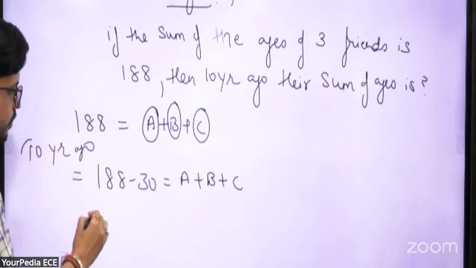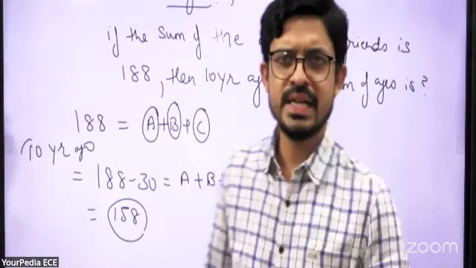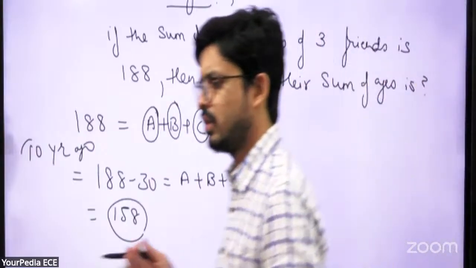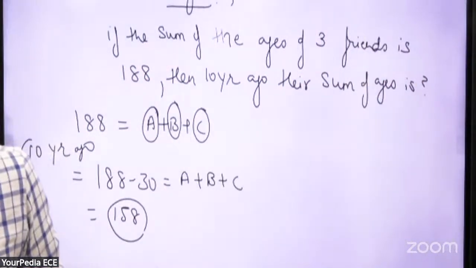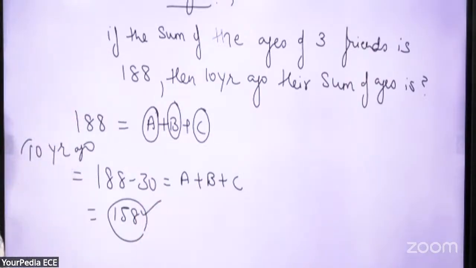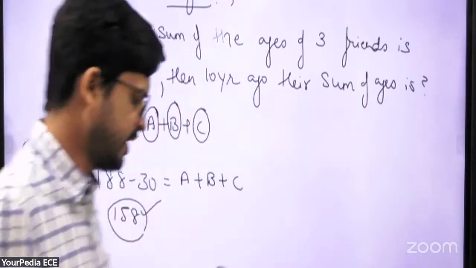So what age do we have? 158. That will be the answer, because 10, 10, 10 will be subtracted from the total age. So we subtract it from 188. That is the simple answer. So its answer will be 158.